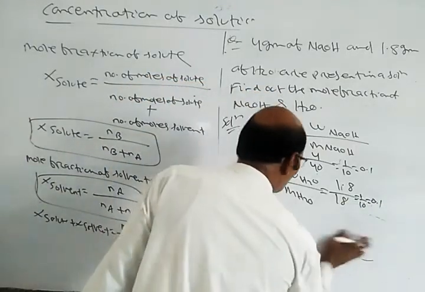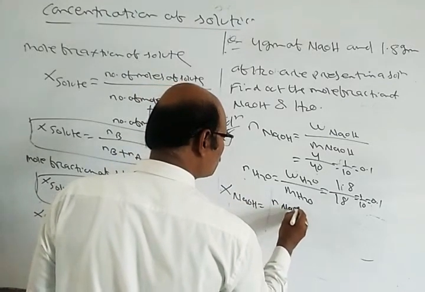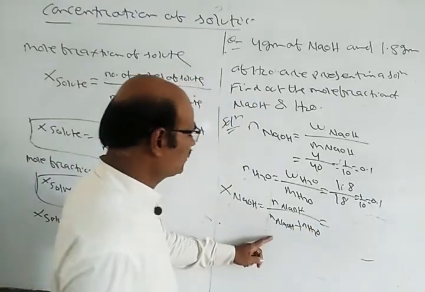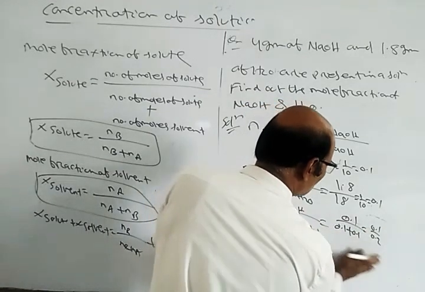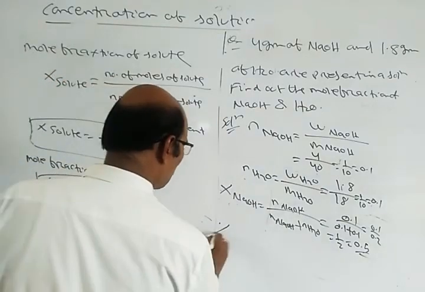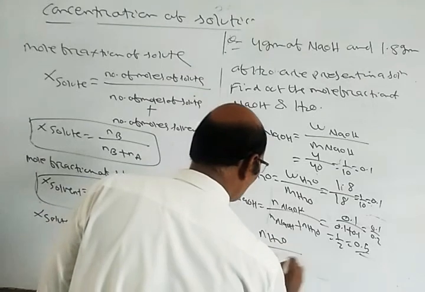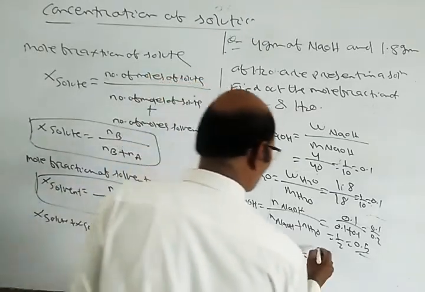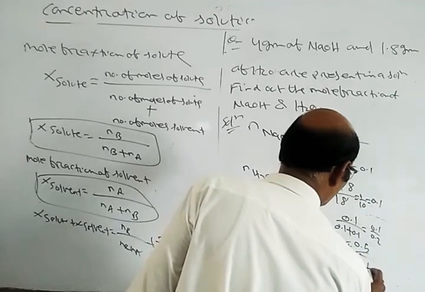Now mole fraction of NaOH, X of NaOH, equals number of moles of NaOH divided by number of moles of NaOH plus number of moles of H2O, which is 0.1 by 0.1 plus 0.1, equal to 0.1 by 0.2, equal to 1 by 2, equal to 0.5. Similarly for X of water, N of H2O divided by N of H2O plus N of NaOH is 0.1 by 0.1 plus 0.1, equal to 0.5.